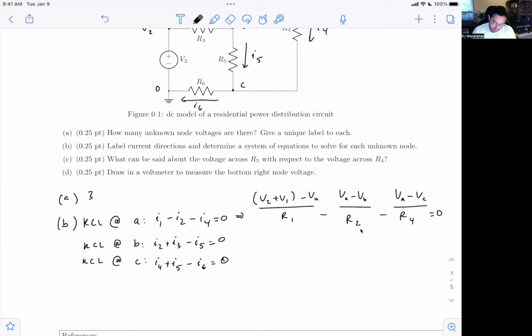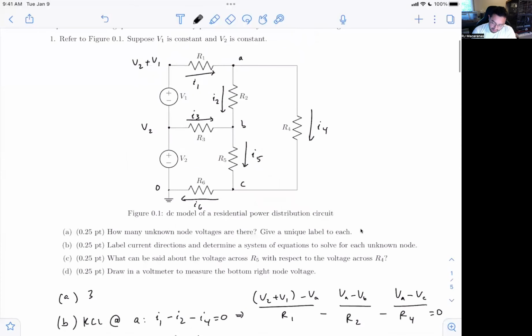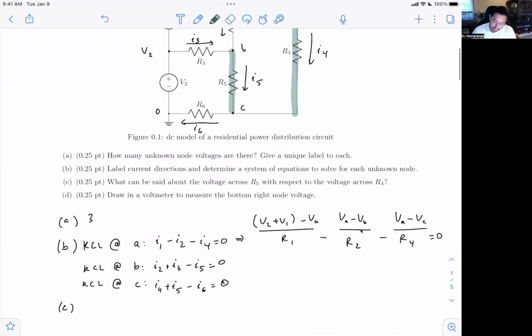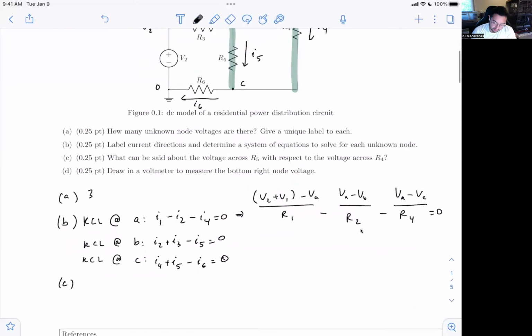Where it started to go wrong is part C here. It says, what can be said about voltage across R5 with respect to R4? So in this version, right, we're looking at R5 and R4, and there's a parallel path here through R2. So clearly the voltage across R5 must be less than R4.